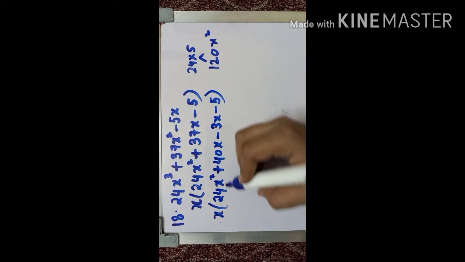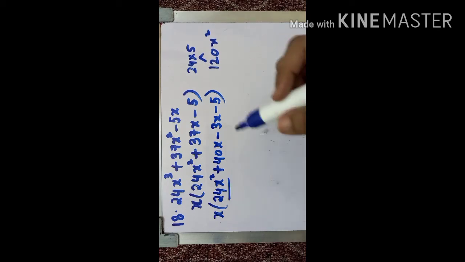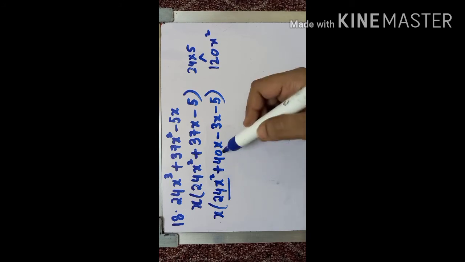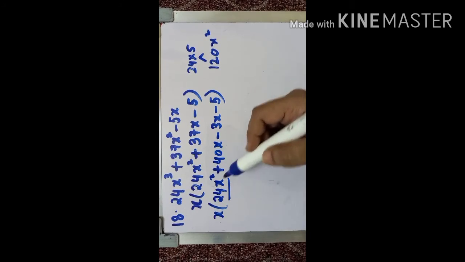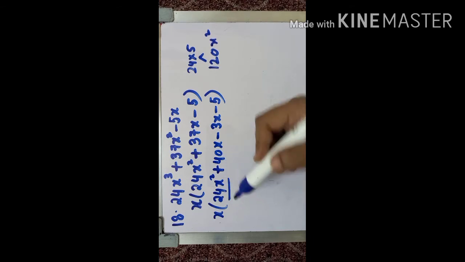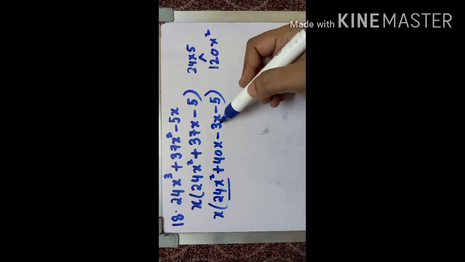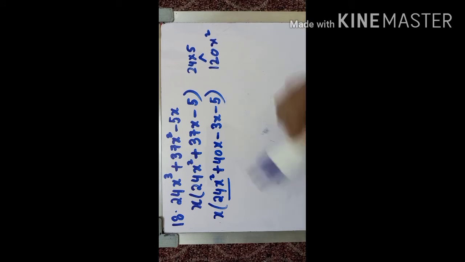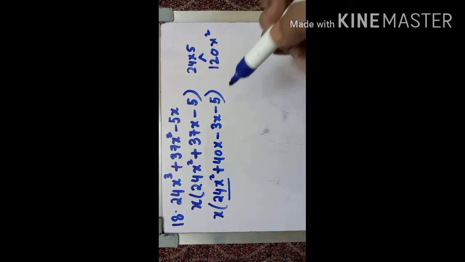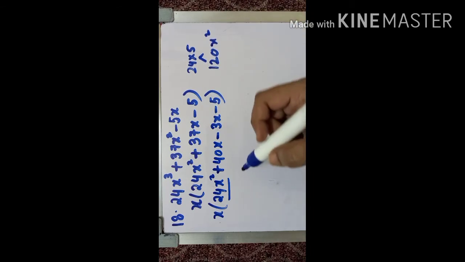So now you can see here, if you are taking these two terms, then anyhow you can take x common from there, and for 24 and 40 also 2 common you can take. But what about this 3x and 5? You can't take anything common here. So actually you can also do it in this way.